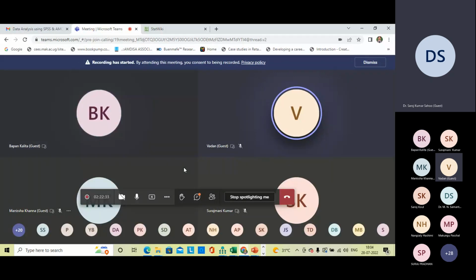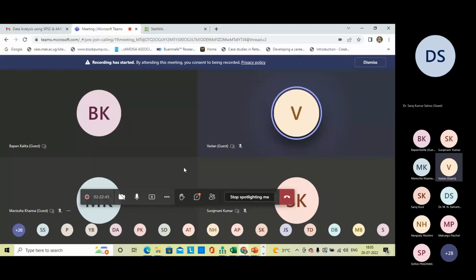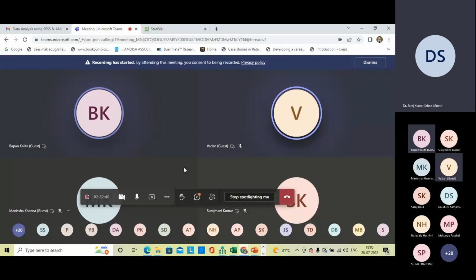Sir, listen. Till now, you are confusing the indicator with factor. BSI1 is an indicator. I am talking about one factor or one construct. Got it? Yes, sir.